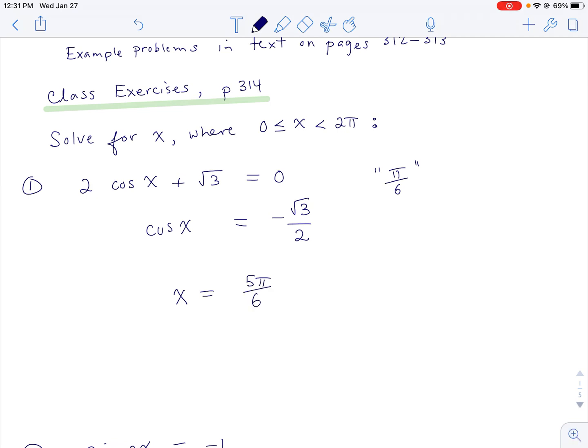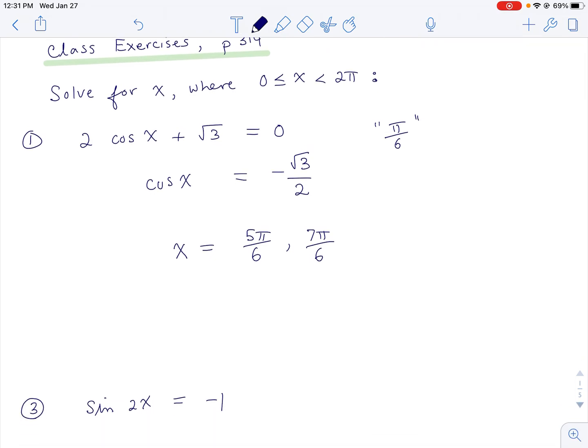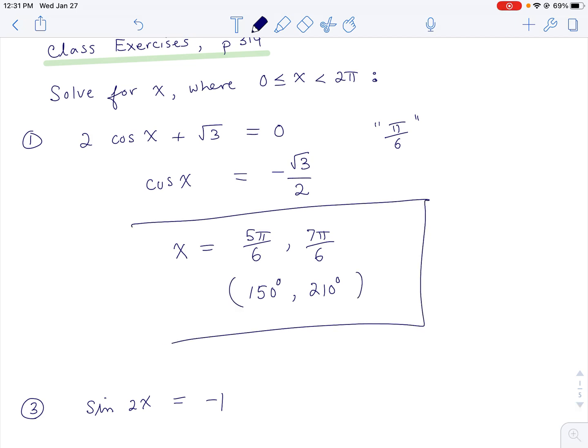So x would be 5 pi over 6 and 7 pi over 6. So this one has two solutions. Of course, I'm kind of defaulting to radians, but 5 pi over 6 and 7 pi over 6 would be the same as 150 degrees or 210 degrees. Those are also acceptable answers.